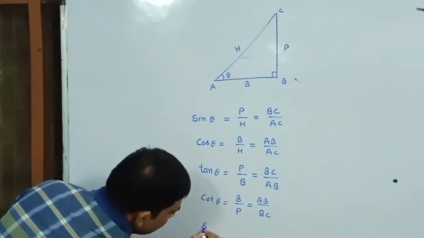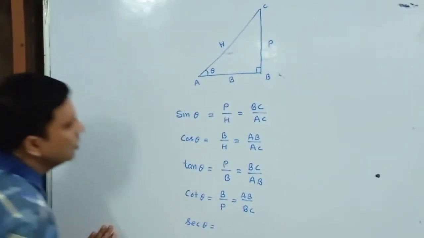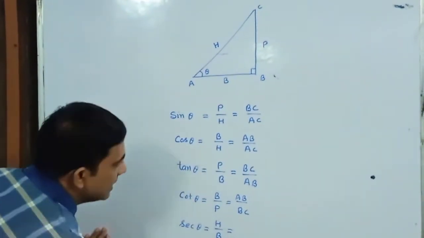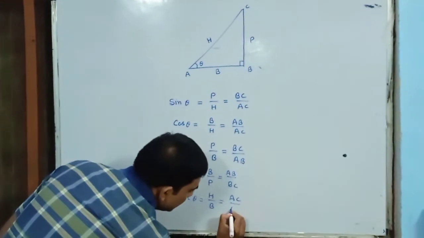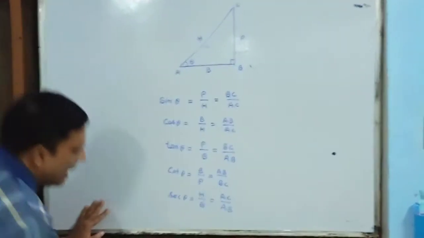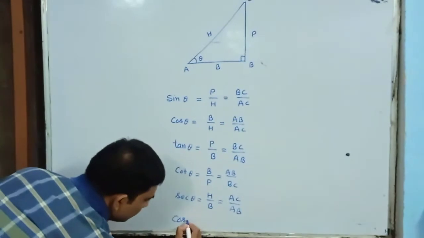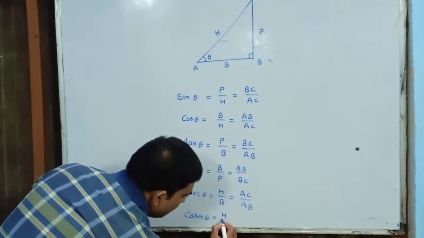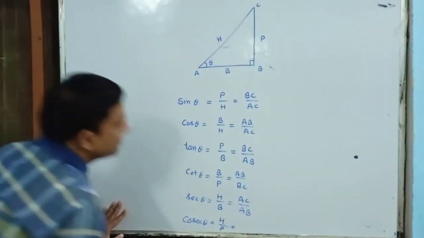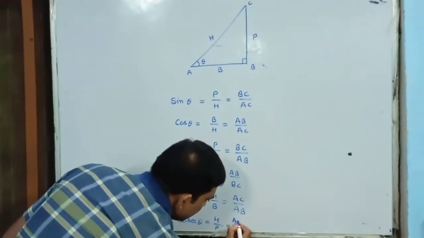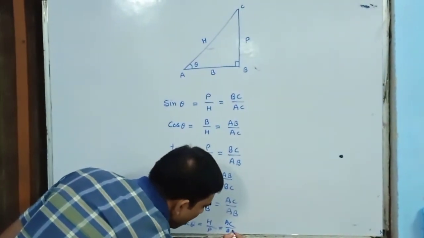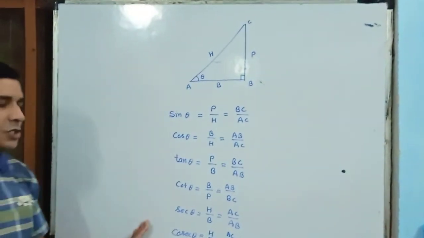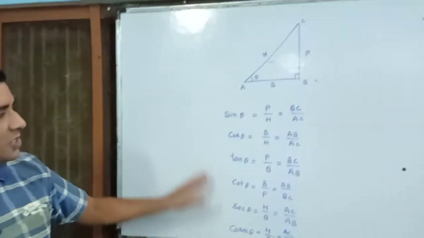And then sec theta is equal to H by B, or we can say it is AC by AB. And cosec theta is equal to H by P, or in terms of sides, AC by BC. These are all 6 trigonometric ratios by definition.